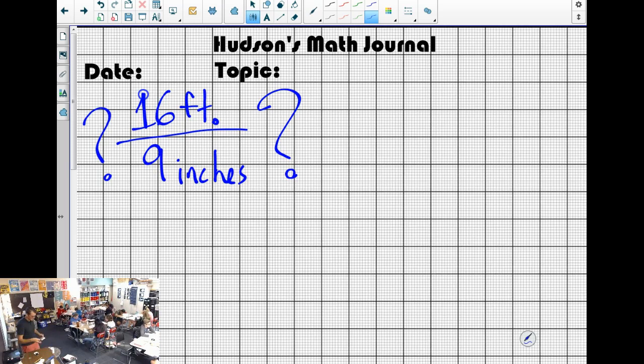Let's use cards. Caitlin, is what I wrote up here accurate? What do we think? No. Why? It's kind of okay, but I can't do this math. Why?